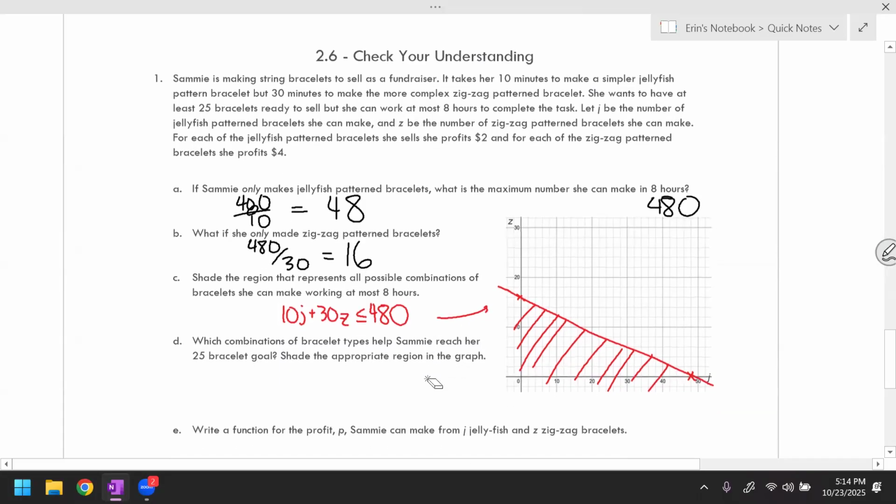Meanwhile, she also wants to have 25 bracelets to actually sell. Okay? So that just means that the number of jellyfish bracelets that she makes, plus the number of zigzag bracelets that she makes, has to be bigger than or equal to 25, right? What does that look like on the graph? Again, you can ask your calculator, or you can just graph it.